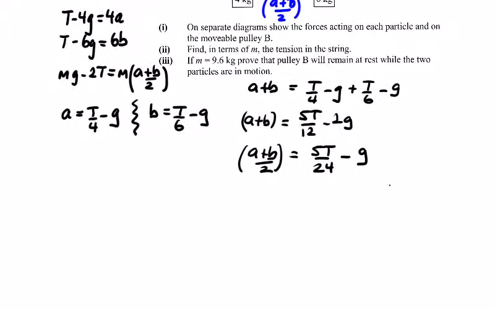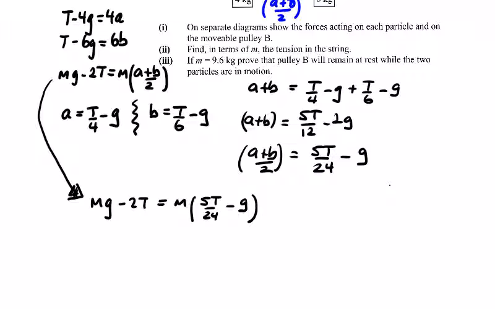So we sub this into our third equation now. We're going to get mg minus 2T. We're asked for T, aren't we? Find in terms of M the tension in the string, so we're looking for T. So we have mg minus 2T is equal to M times 5T over 24 minus G. Need to get T on its own, so mg minus 2T is equal to 5mT over 24 minus mg.